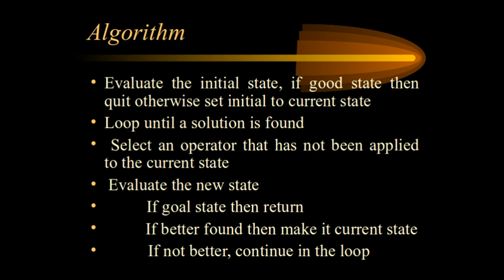Next, evaluate the new state. If it is the goal state, then return and quit. If it is not the goal state but it is better than the current state, then make this state the current state.